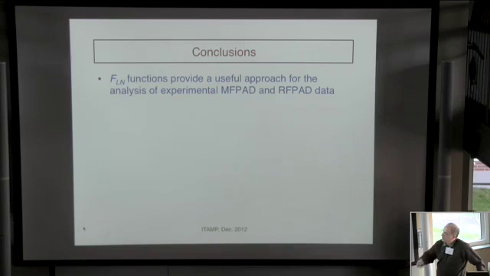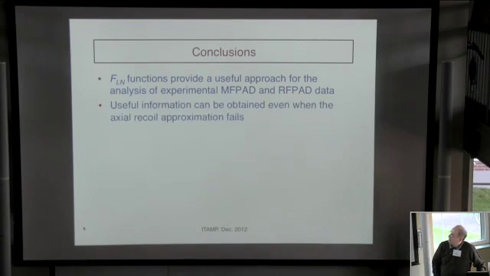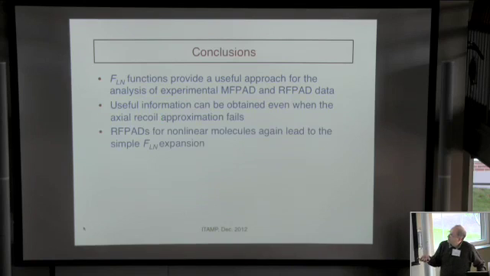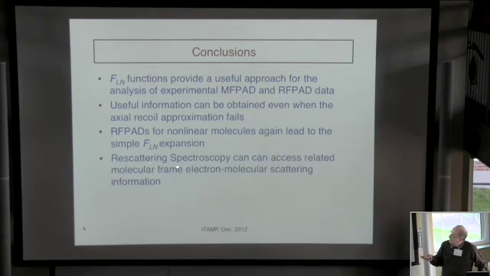Okay, so a couple points. One is that for doing the single photon ionization, these FLN functions are the best way to analyze the molecular frame information. So you get 4 one-dimensional functions, which gives you all the features. Even when the axial recoil approximation breaks down, these experiments based on coincidence measurements can still give you quite a bit of information about the molecular frame ionization. Again, for nonlinear molecules, if you just look at 2 fragments, you again get the simple FLN expressions.